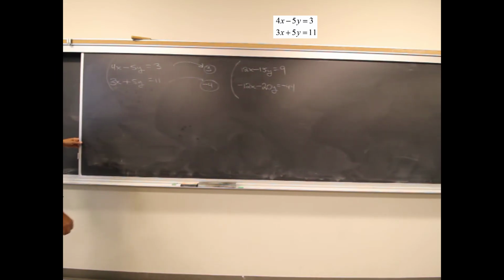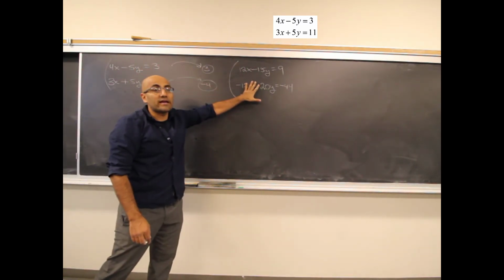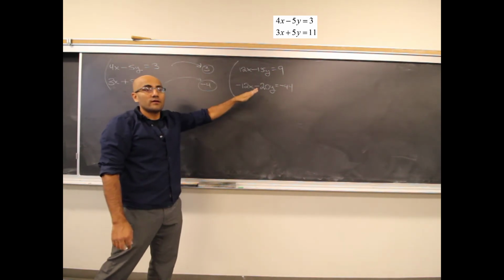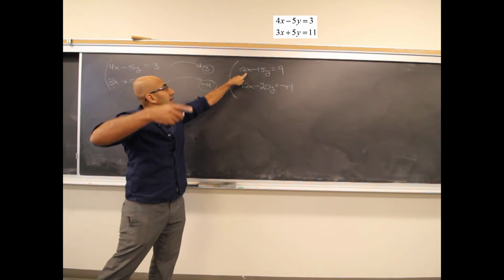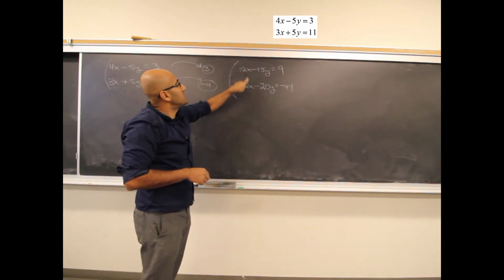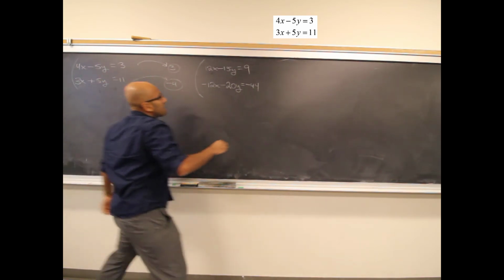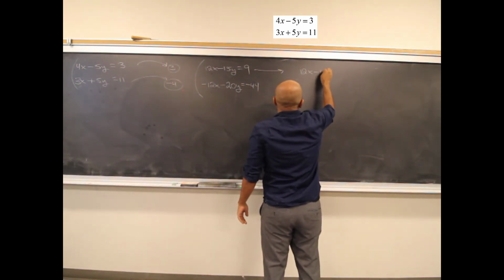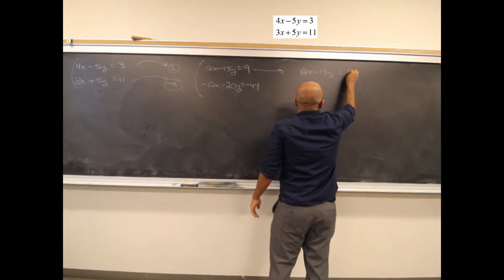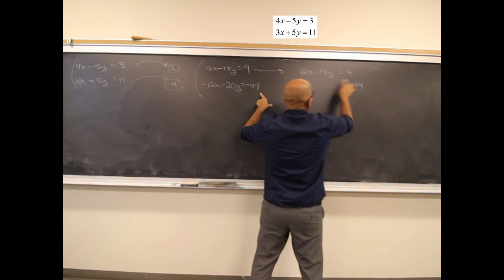So this is kind of like that other case where you said, I don't want to solve that, I want to solve this instead. They're equivalent to each other, and this has the benefit that now, when I do that process, I know that these things are just going to cancel off. So I'm going to take this top equation, 12x minus 15y equals 9. I'm going to choose to add negative 44 to both sides.